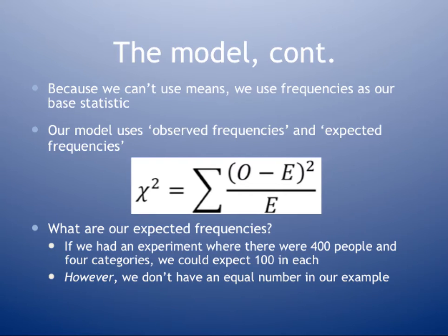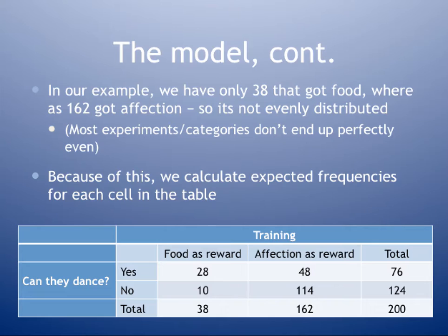However, we do not have an equal number of cats in our columns or rows. So our expected is not just going to be our total number divided by however many cells there are. Instead, we have 162 that got affection, 38 that got food, and ended up with 76 that could dance and 124 that couldn't.